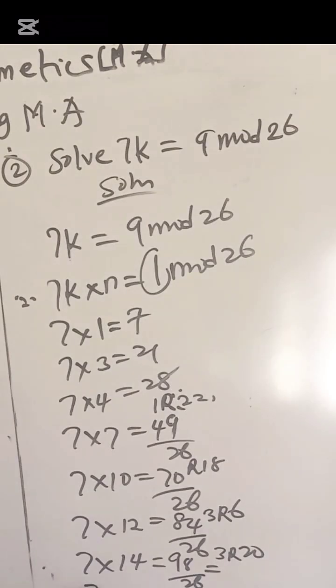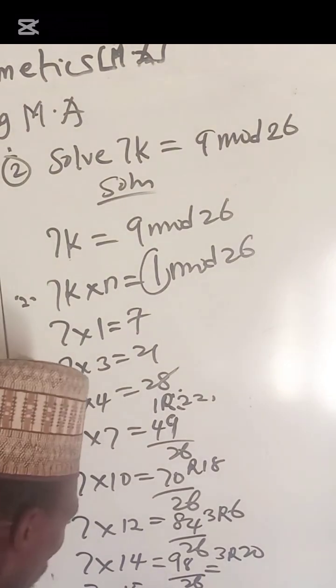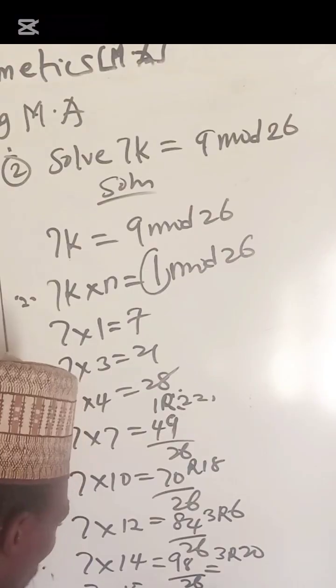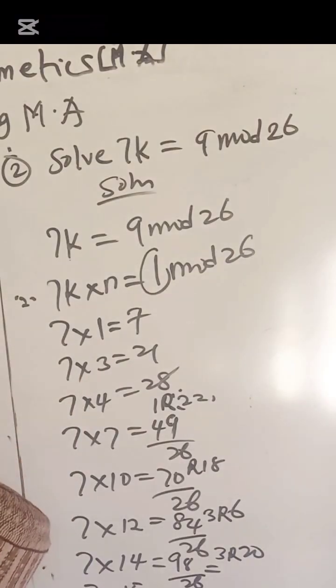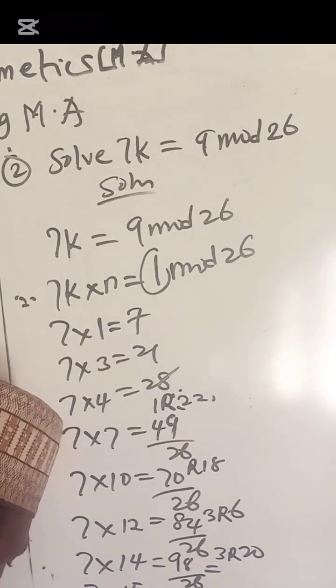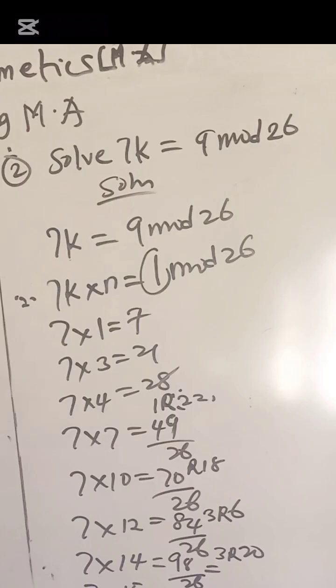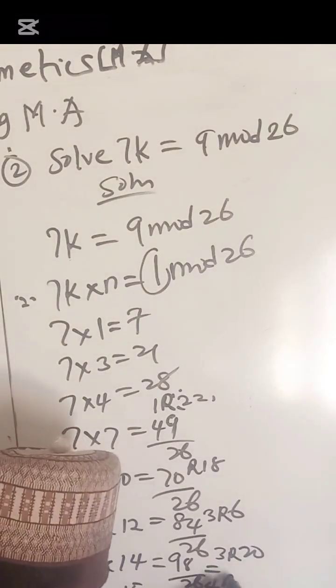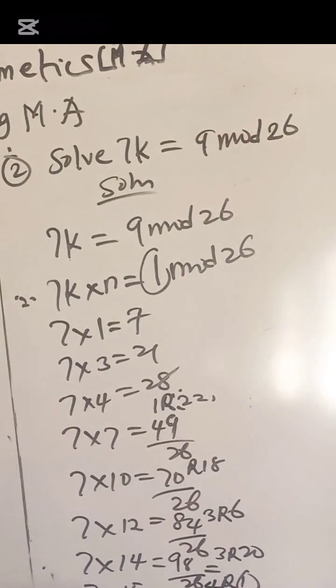Far from it. Check 7 times 15. That's 105, if I'm not mistaken. 105 divided by the modulus 26 gives us 4. Beautiful. This is 4 remainder 1. This is what we are looking for. So it means the inverse of 7 under modulus 26 is 15.